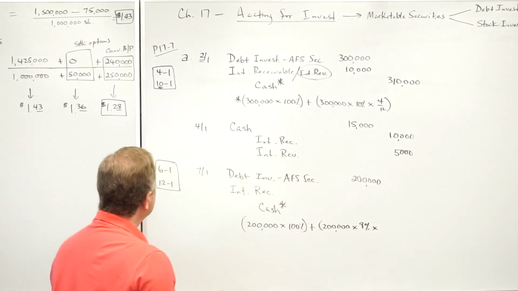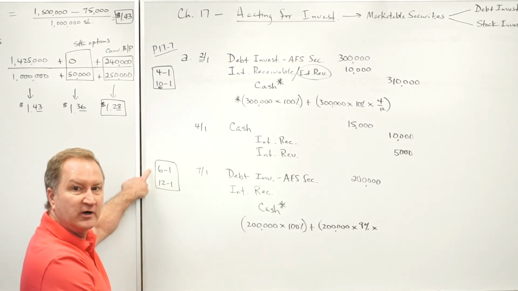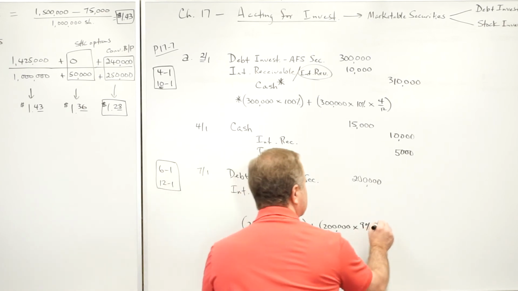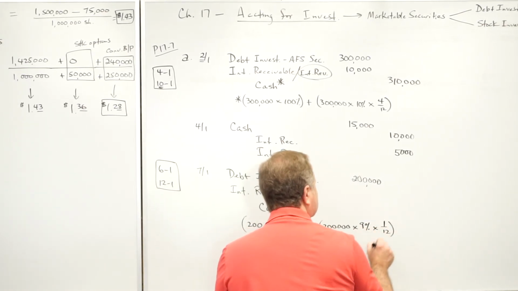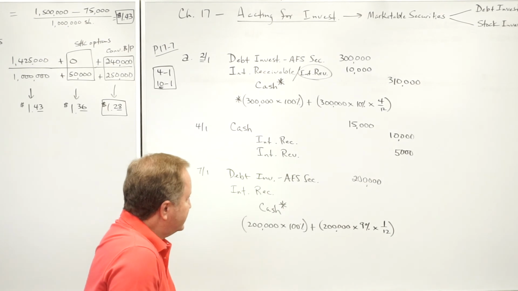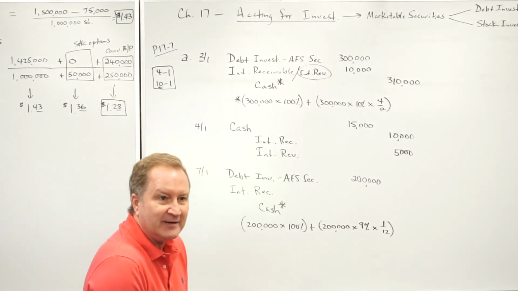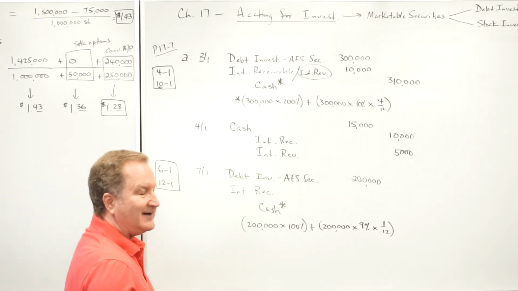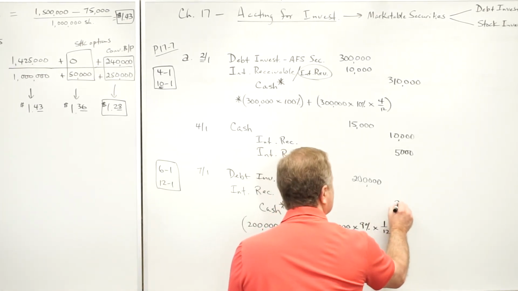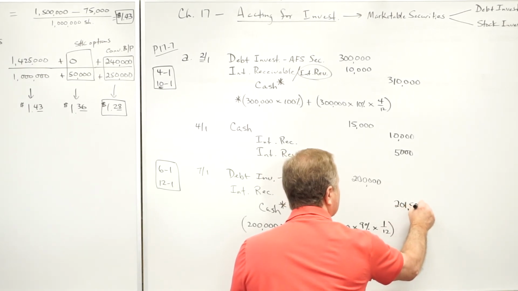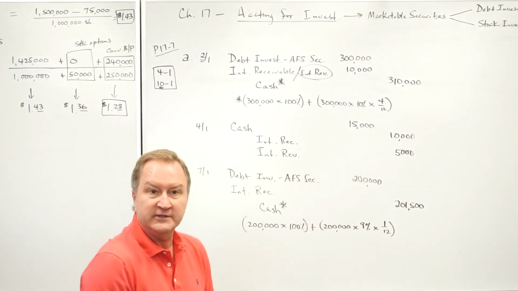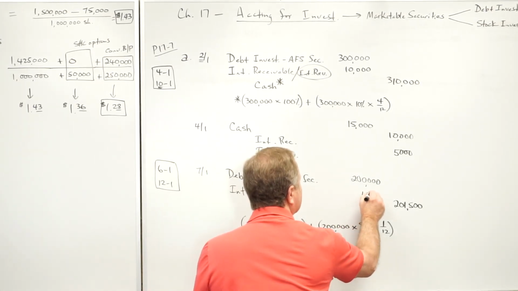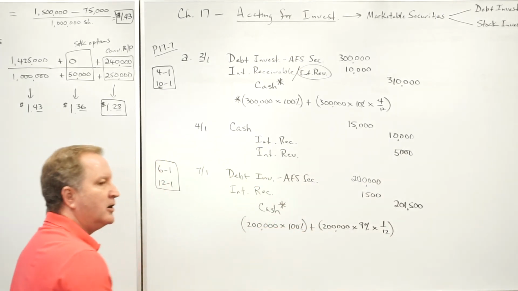And these bonds last paid interest on June 1, so we're only a month later. So 1/12. 9% times 200,000 is 18,000, divided by 12 is 1,500. So 201,500. $201,500. Therefore, 1,500 is the amount of interest receivable. Are you with me?